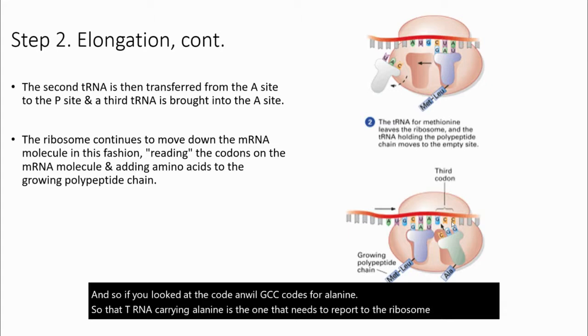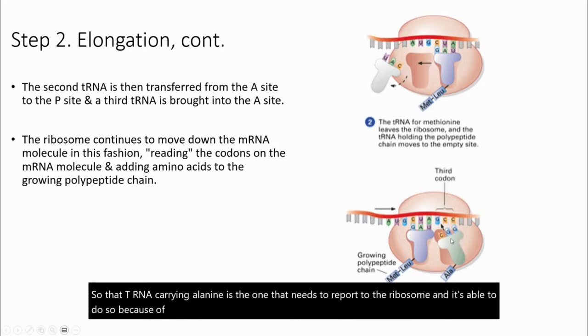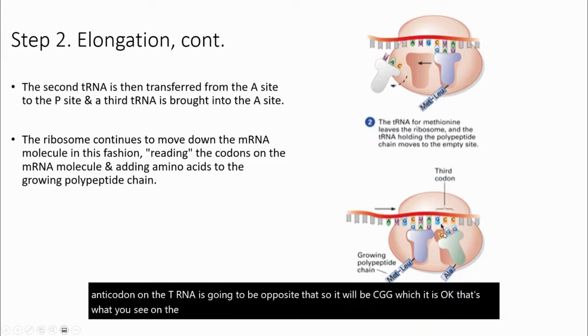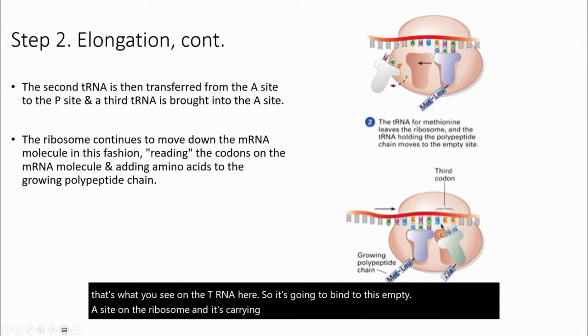And it's able to do so because of its anticodon, right? If the codon on the messenger RNA is GCC, then the anticodon on the tRNA is going to be opposite that. So it will be CGG, which it is. That's what you see on the tRNA here. So it's going to bind to this empty A site on the ribosome, and it's carrying that alanine.